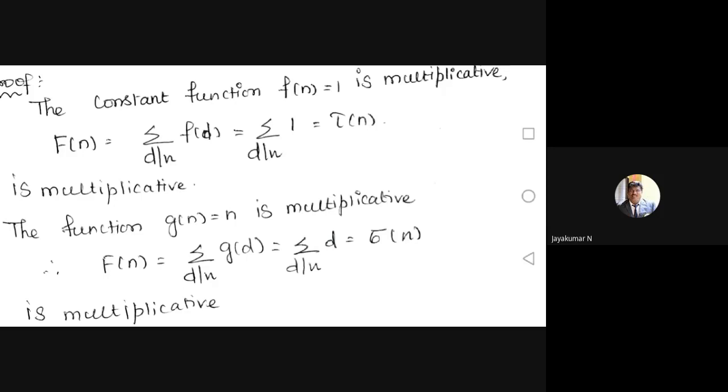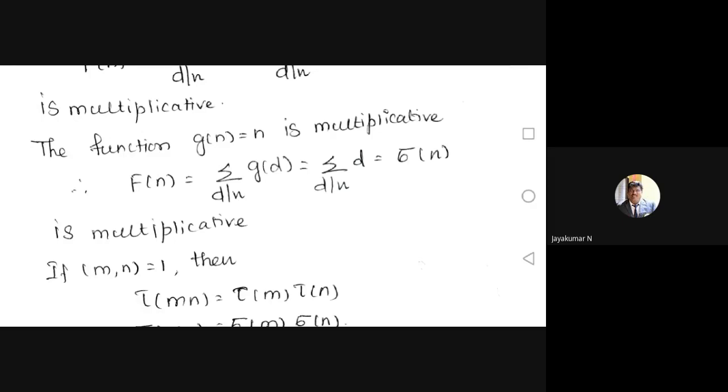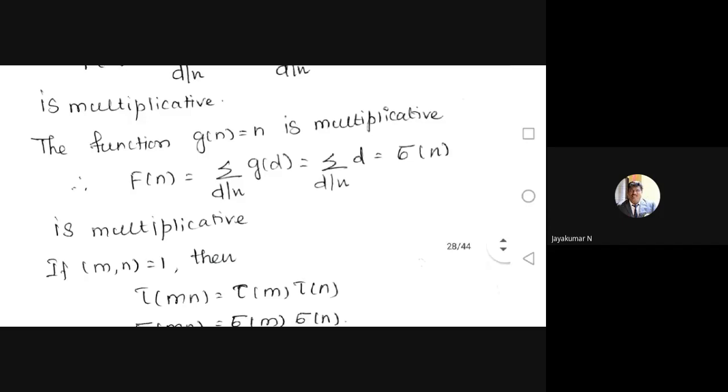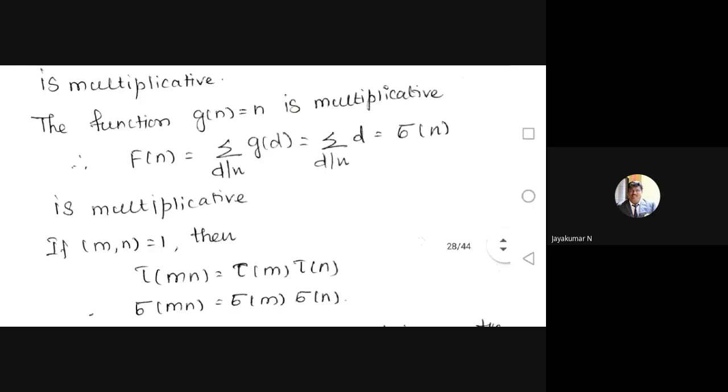So it should be proved multiplicative. For proving multiplicativity, we can assume two integers m and n with GCD between m and n equal to 1. Then tau of mn can be expressed as tau of m into tau of n, and sigma of mn is equal to sigma of m into sigma of n, since m and n are relatively prime.